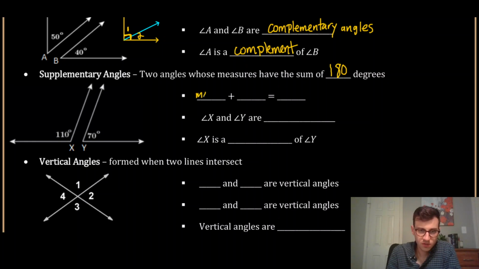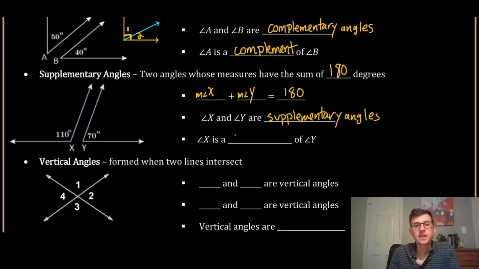So the measure of angle X plus the measure of angle Y is equal to 180, which means that X and Y are supplementary angles. Or you would say X is a supplement of Y.